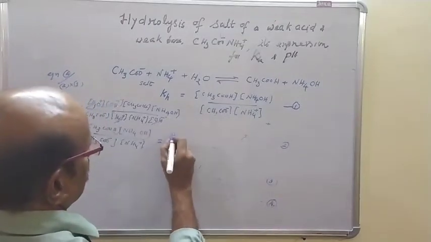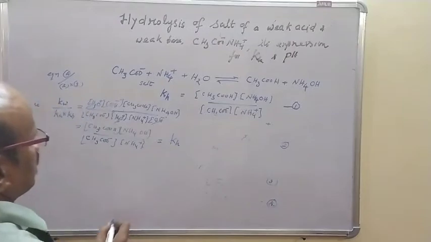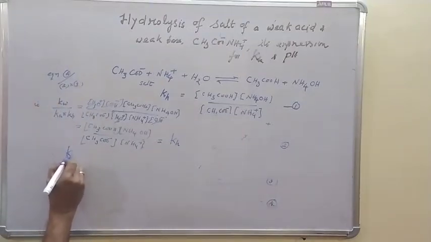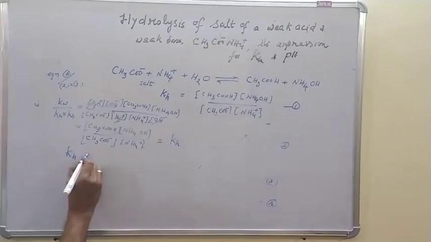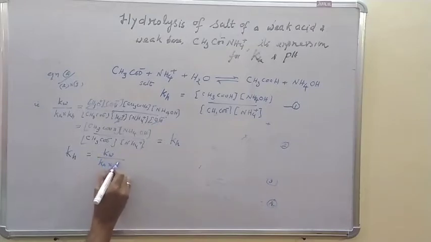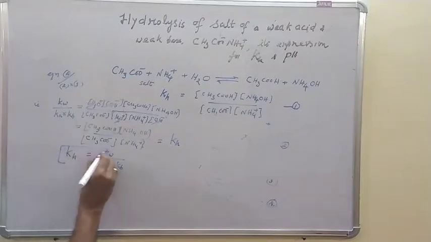Now go to this. So we have the expression, that is KH is equal to KW divided by Ka Kb. So this is the expression for KH.